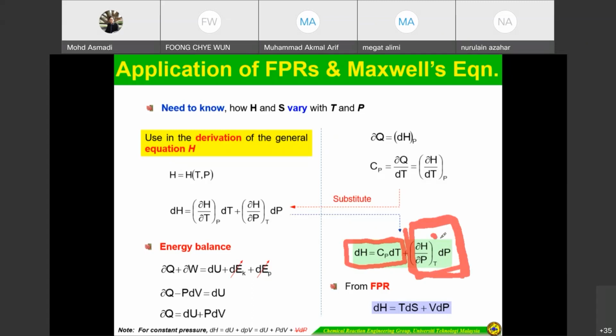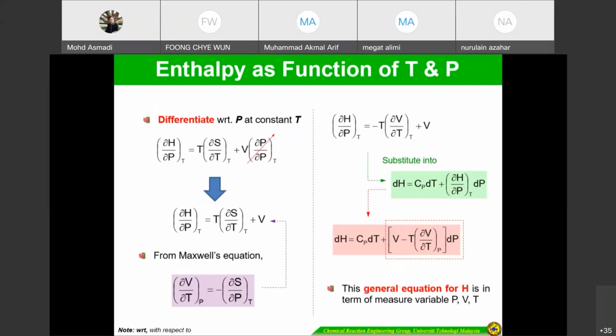This one is no problem; you learned it in chapter 4, the ICP. Just use the sensible and latent heat equations, heat of reaction, and you can solve it. So the problem is here. Once you expand the equations, this one.